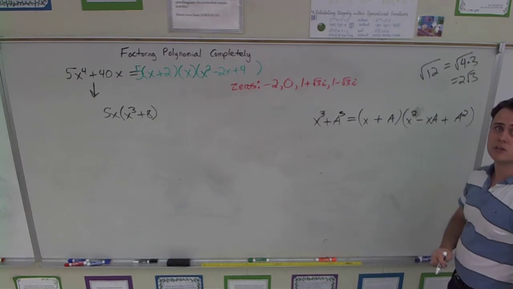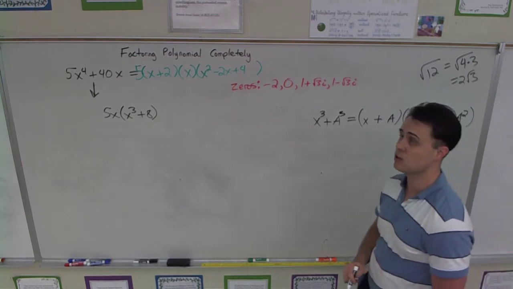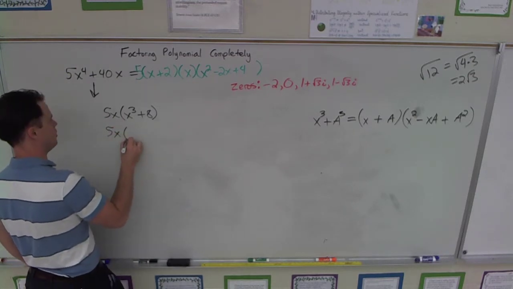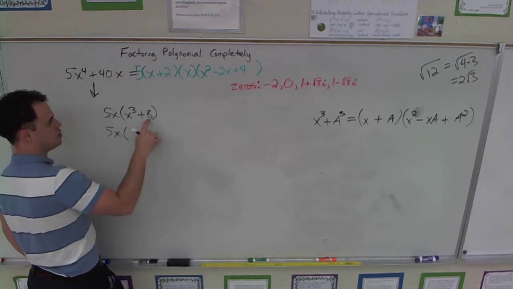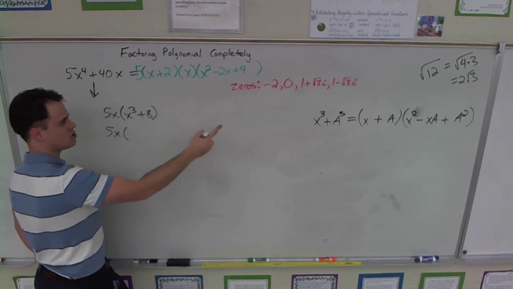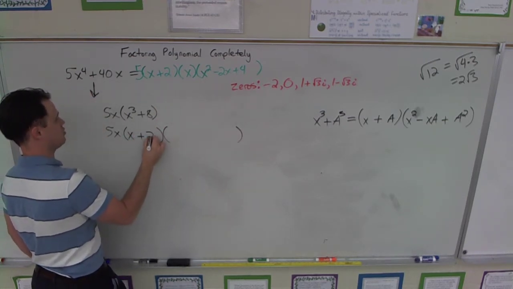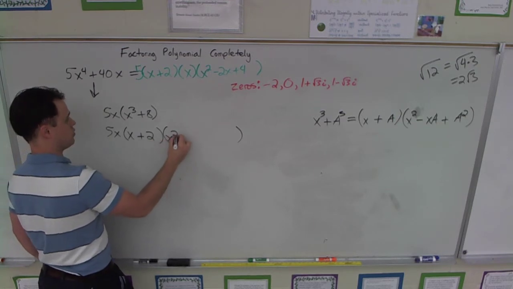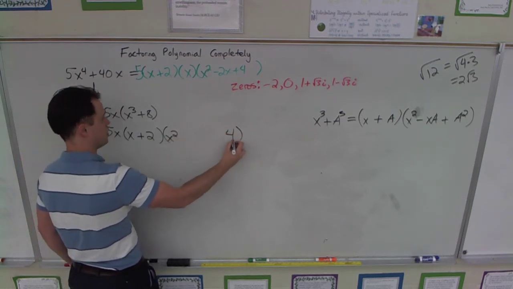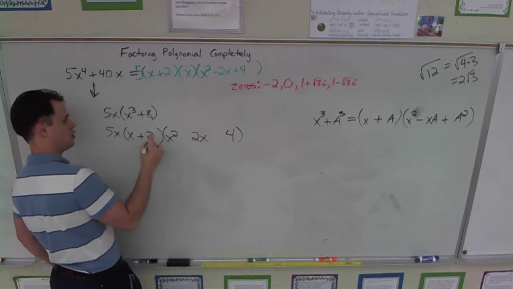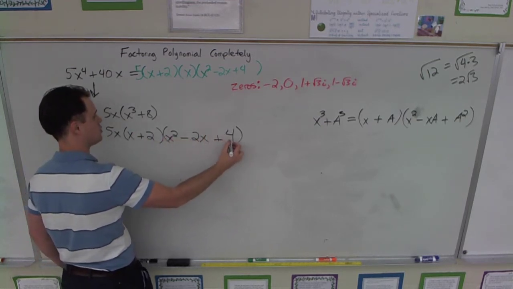I can use this factoring formula, this sum of cubes, to factor this guy and say 5x. What is being cubed here? It's 2. A, in other words, is 2. So I can write this guy as x plus 2, x squared, minus 2x, plus 2 squared. Plus, minus, plus.